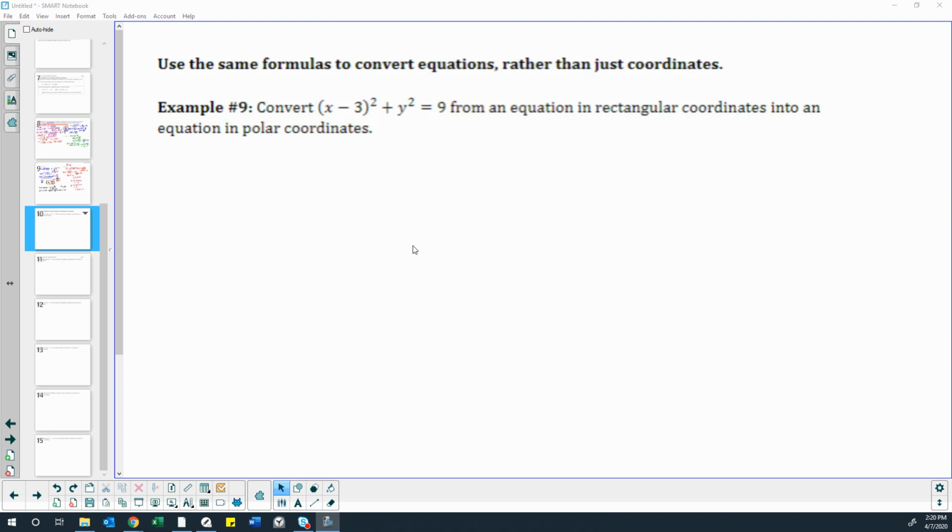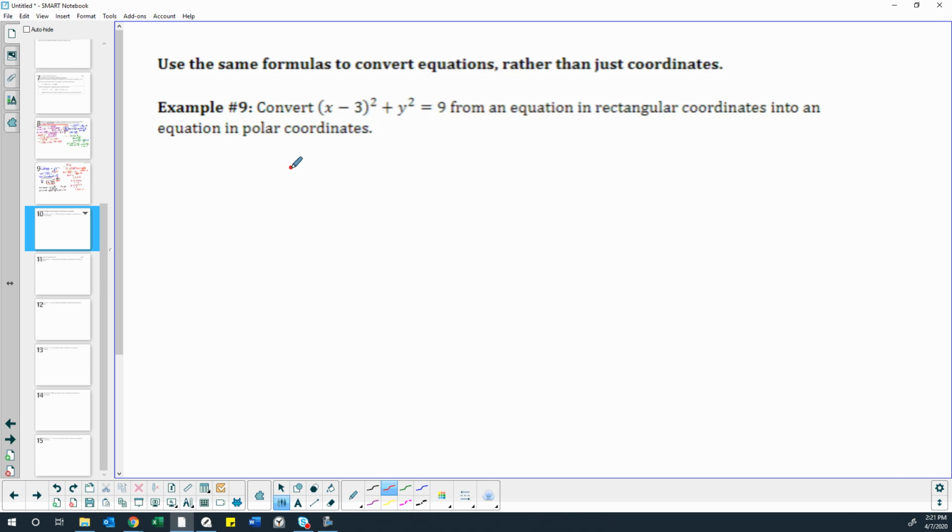Right, here we go. We are converting whole equations now, entire equations into the other form. So if it has x and y in it, it's in rectangular form, and we're changing that to r and theta form. With this, all we do is take our formulas for x and y and plug them in.